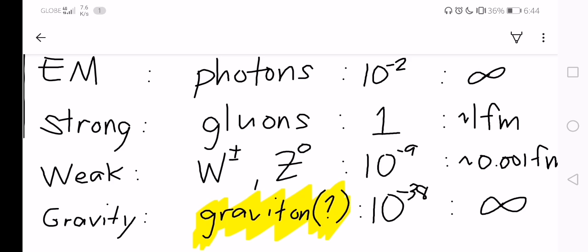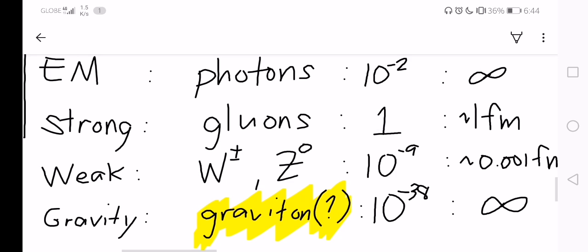We assign the strongest one, and we know that the strongest among the four is the strong nuclear force. Next is the electromagnetic force, which is only 100 times weaker compared to the strong nuclear force. And then we have the weak nuclear force, and among them, gravity is the weakest.